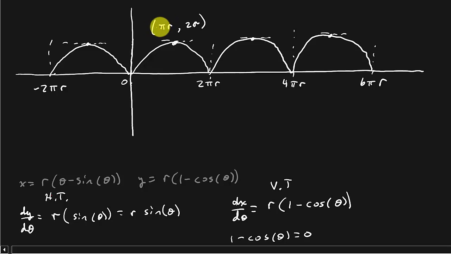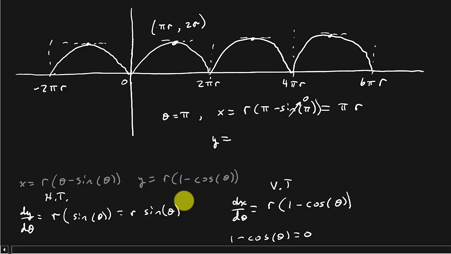Well, let me just show you. So when theta is pi, what happens? When theta is equal to pi, we get x is equal, now I'm plugging it into here, r times pi minus sine of pi. Well, what's the sine of pi? The sine of pi is 0, so that's just pi times r. That's your x coordinate.